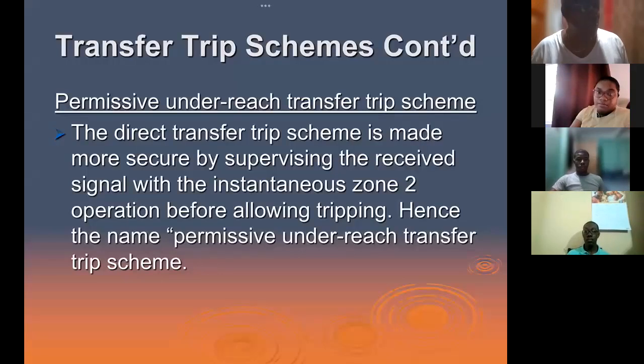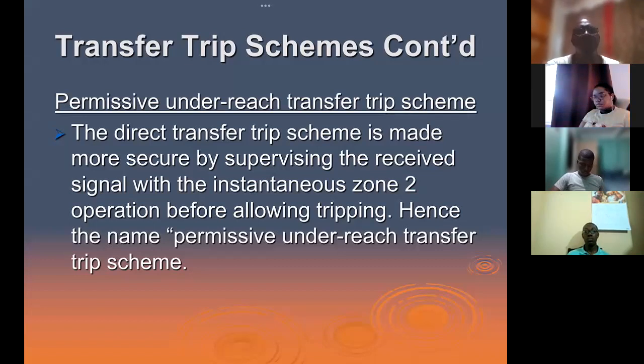All right, so your permissive underreach, right? The key here is that we use the zone 2 to supervise the signal that is sent. What does that mean?